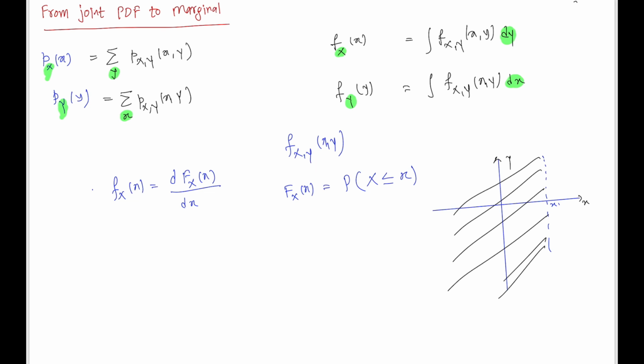To find the probability of the region, we will have to use double integration, such that y can take any value from minus infinity to plus infinity. If we are interested in this region, then y is free to take any value.